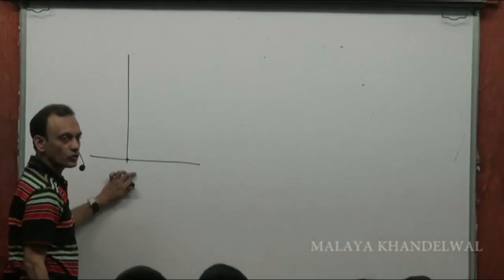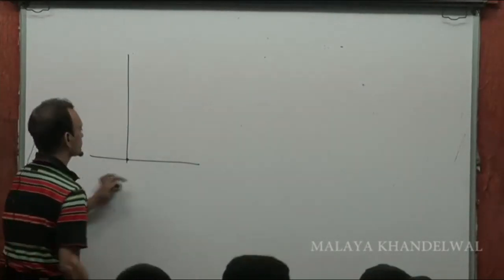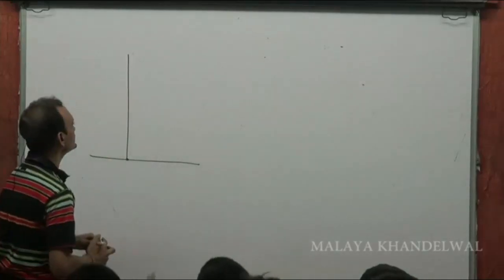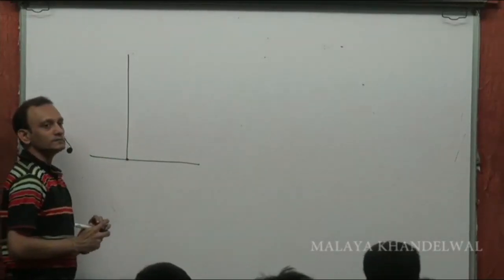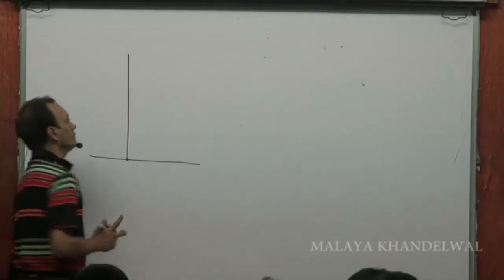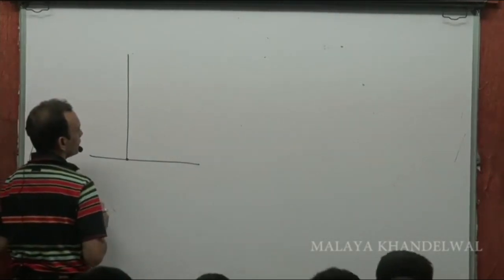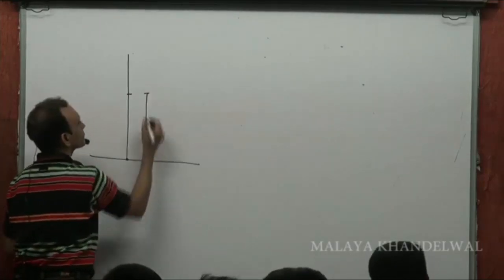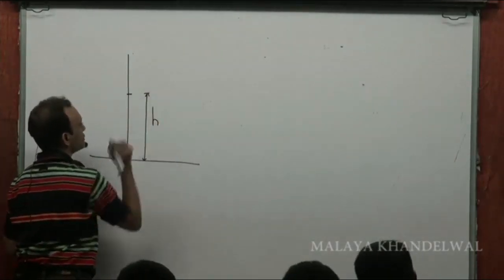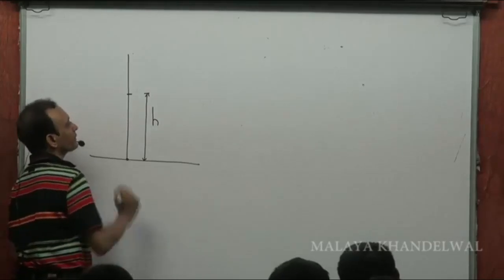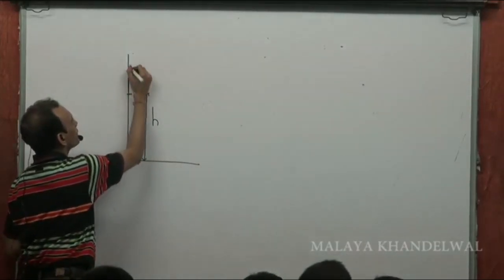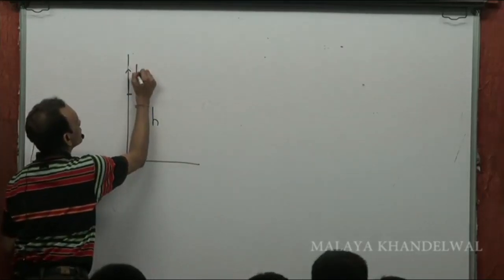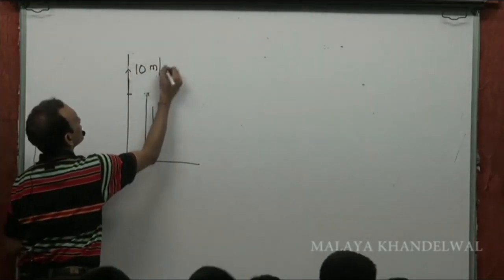Suppose there was a particle at a certain height above the ground, say h, all right, and it was moving up with a velocity, say 10 meters per second.